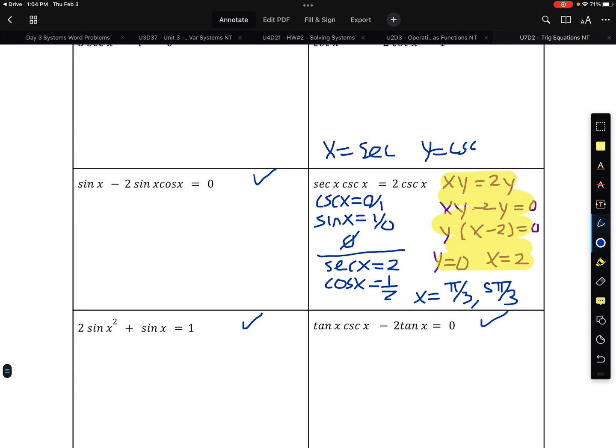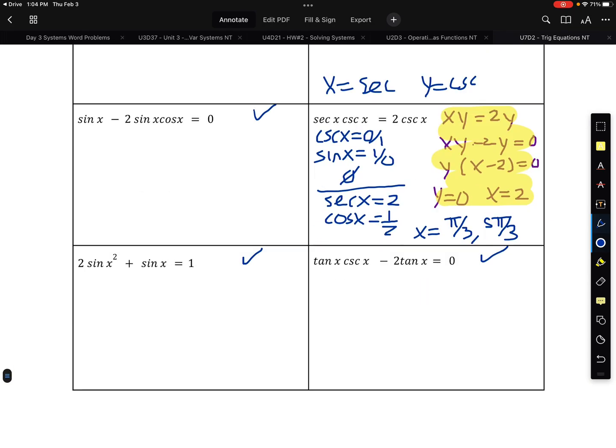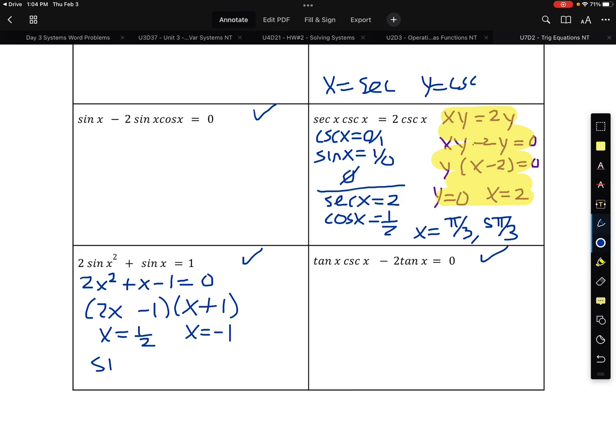Alright, so to finish this off, I'm going to go through the bottom two. Alright, so I'm going 2x squared plus x minus 1 equals 0. Alright, I split the middle term, I go through that whole process. 2x minus 1, x plus 1, which means x equals 1/2, x equals -1.